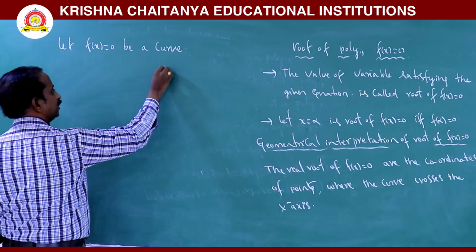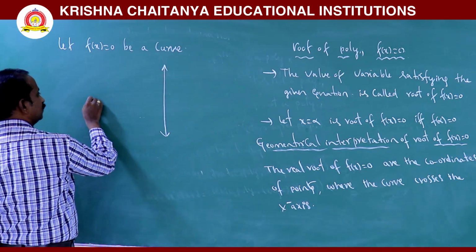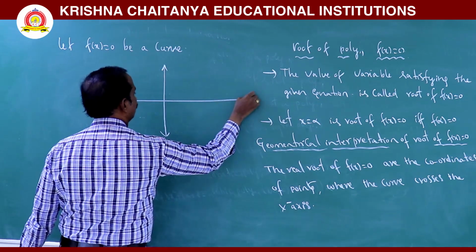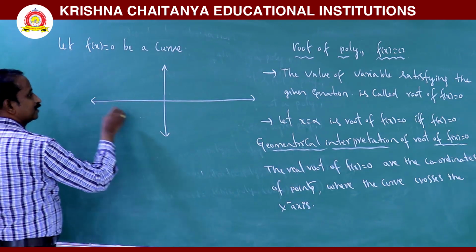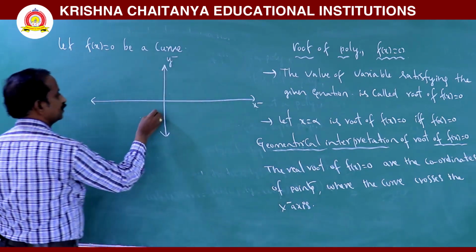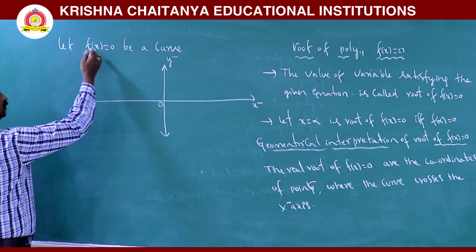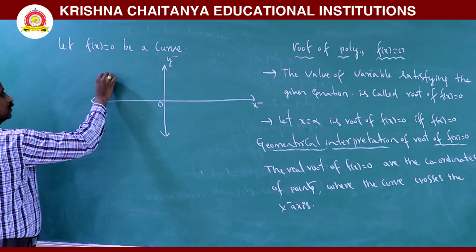Consider the shape of the curve. In two-dimensional geometry, we know that this is the x-axis and this is the y-axis. Their point of intersection is the origin. Our assumption is that the curve looks like this.